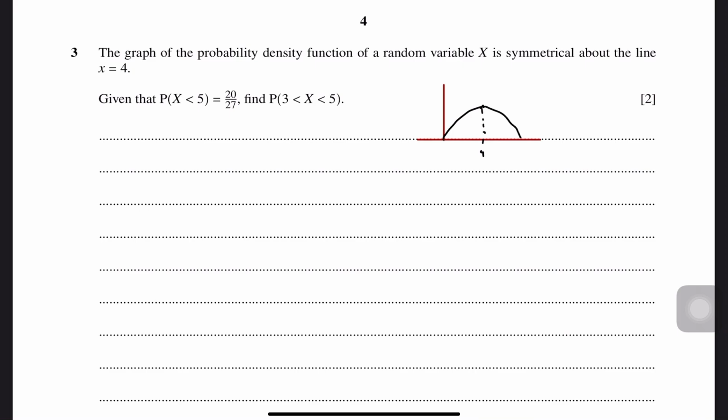Then it says probability of X less than 5. If I draw a line at 5, it's telling me this entire thing is 20 over 27. Then it's asking me for the probability between 3 and 5.